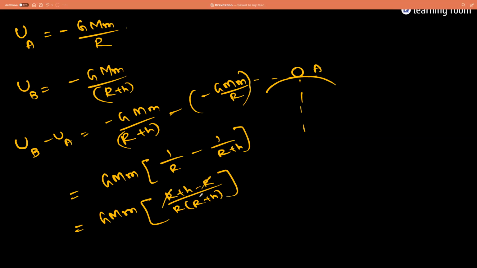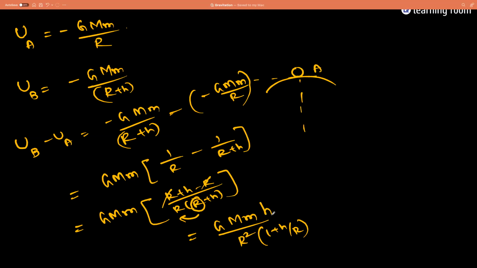So R and R will get cancelled. So can I write that GMm divided by, if I take this R outside and multiply it with the R which is outside, so what will I get? I'll get R square into 1 plus H by R. What did I miss in the numerator? Small h. Yes, sir.